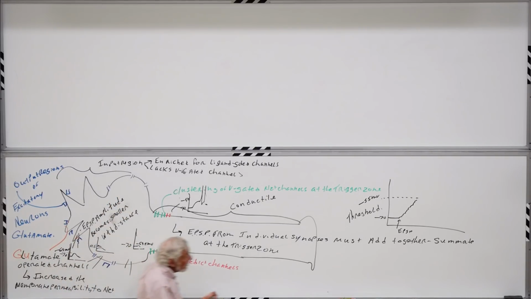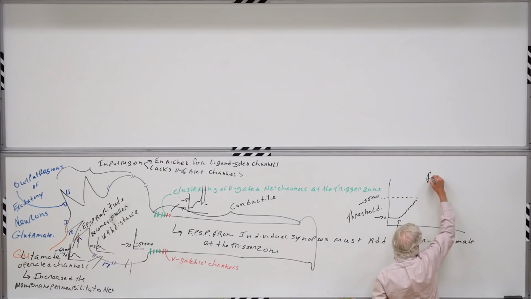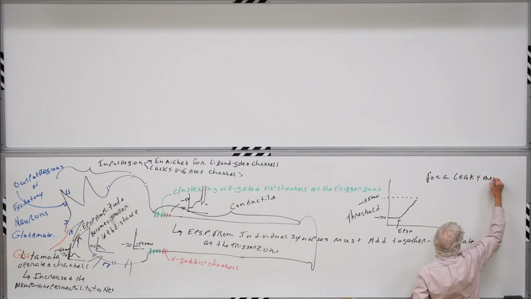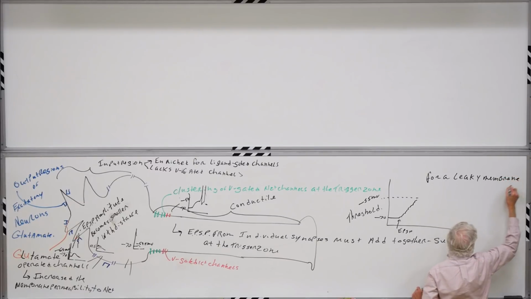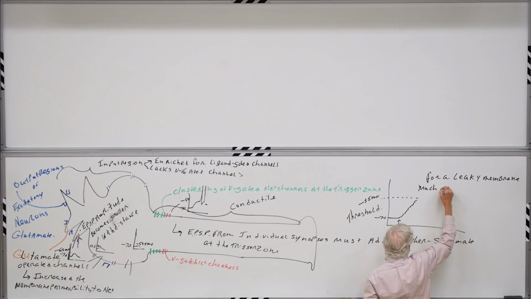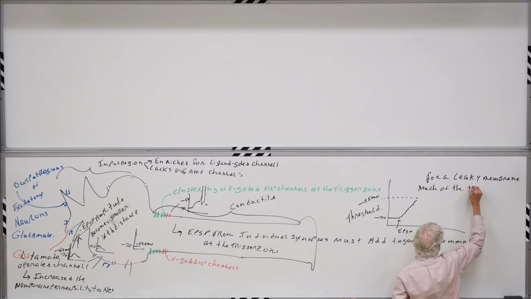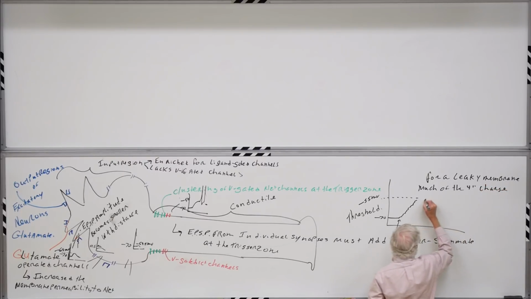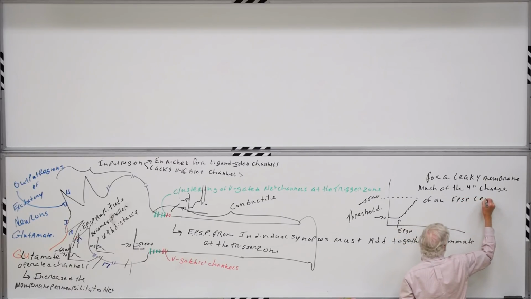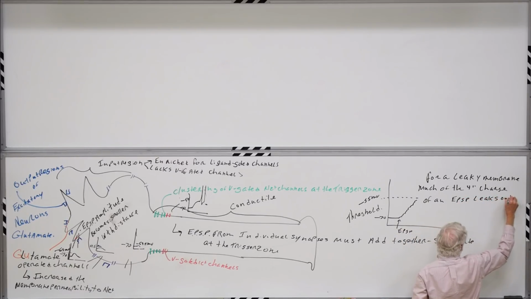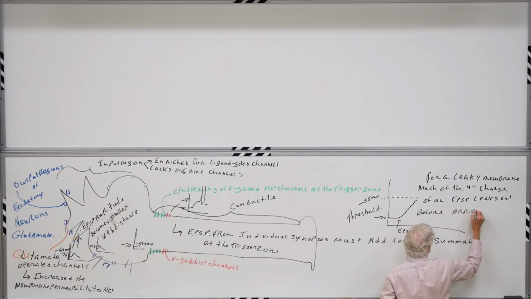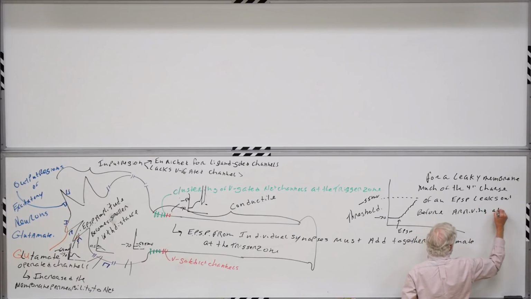So that means for a leaky membrane, much of the positive charge of an EPSP leaks out of the membrane before arriving at the trigger zone.